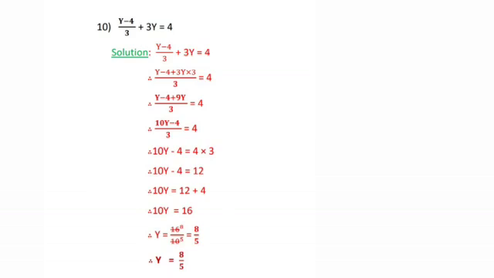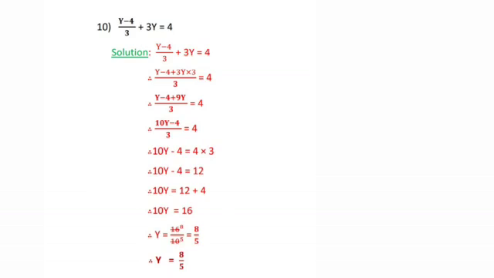Now y plus 9y is 10y minus 4 upon 3 is equal to 4. Now this 3 when it goes to right hand side, multiplication, right. So 10y minus 4 is equal to 4 into 3. 10y minus 4 is equal to 12. Now minus 4 when it goes to right hand side, plus 4. Very good.